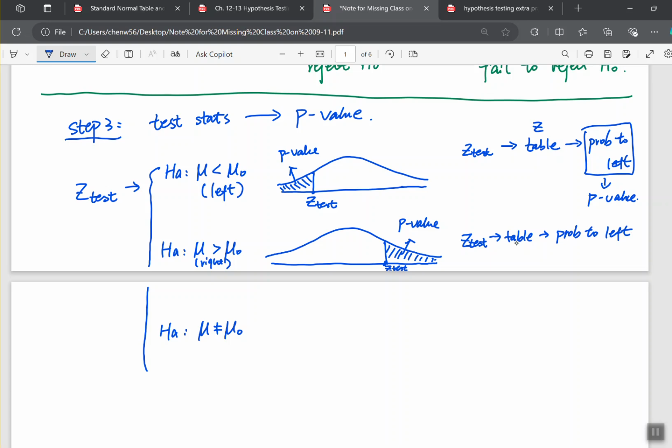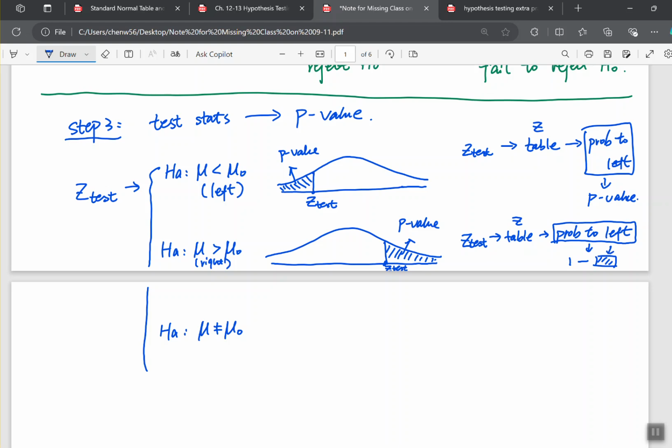From the z table, we can always find the probability to the left of your z, but the p-value now is the probability to the right, so what do we do? 1 minus whatever you got from the left, so that we have the tail to the right.